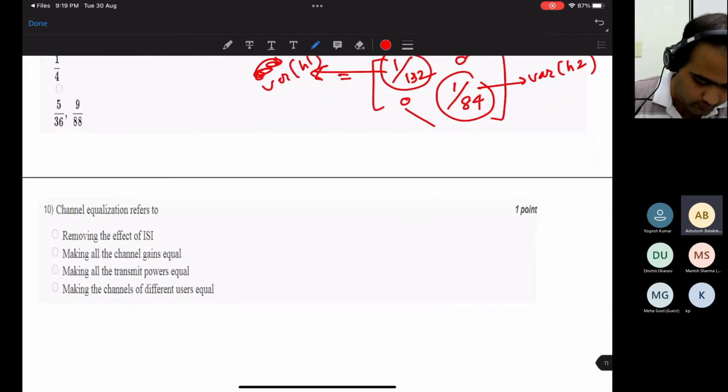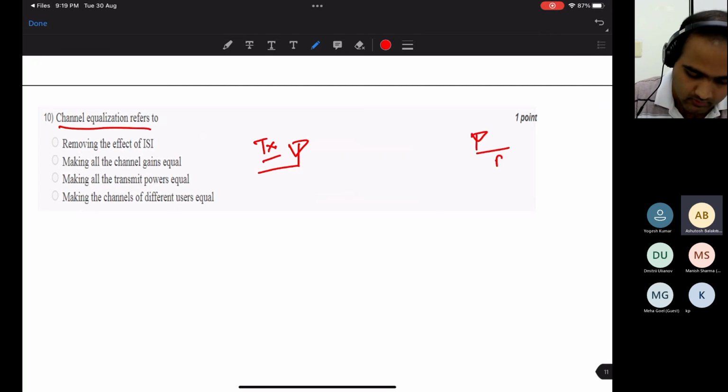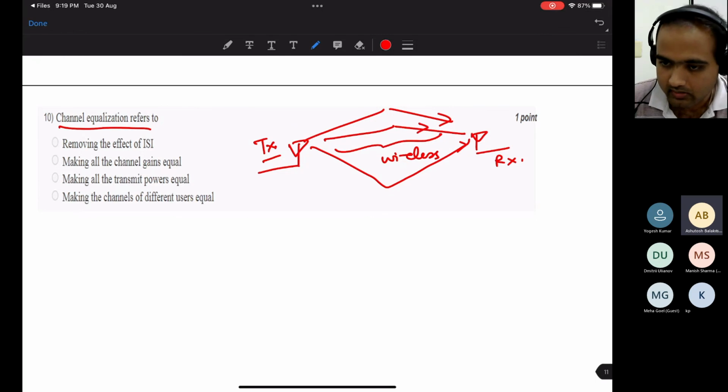Right. So we move ahead, and final question: what is channel equalization? Why do we do channel equalization? If you have a transmitter and a receiver, due to the wireless medium we have multiple paths between the same transmitter and receiver.